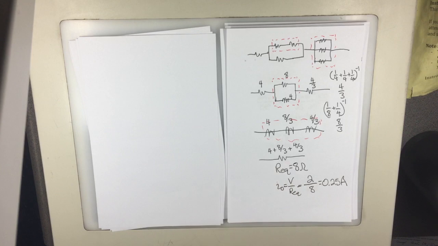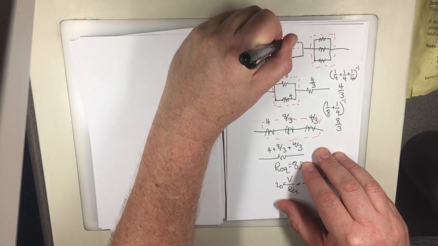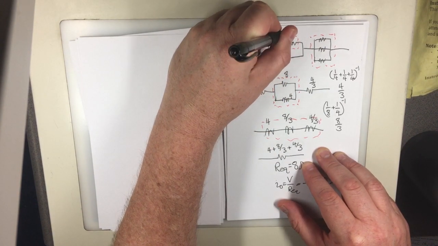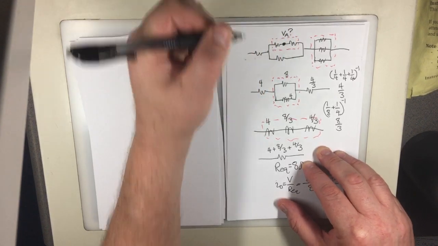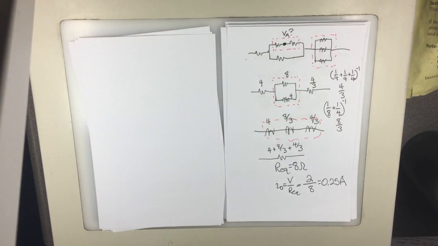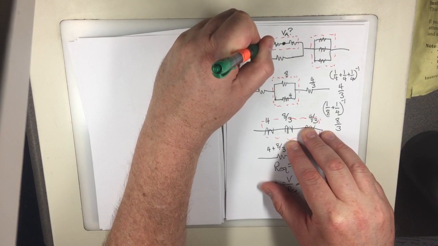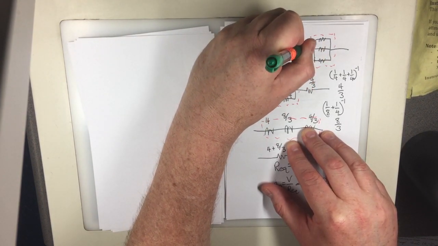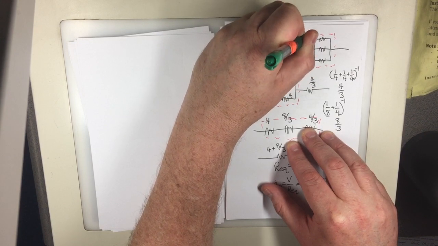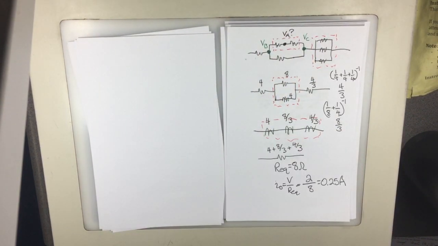Now the next part is to find the potential right there. So how do we go about doing this? What I would do is I need a lot of things. I need the potential here, which I will call VB, and I definitely need the potential here, VC.